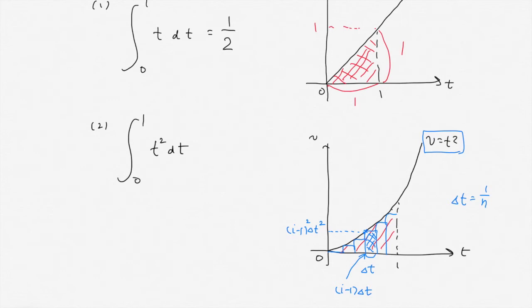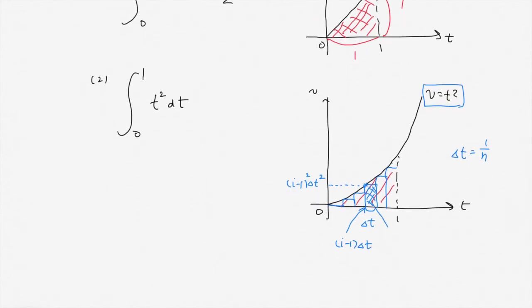Then the area of these small rectangles, delta s sub i, is (i minus 1) squared delta t squared times delta t, the bottom, so delta t cubed. This is the small area of the rectangle.